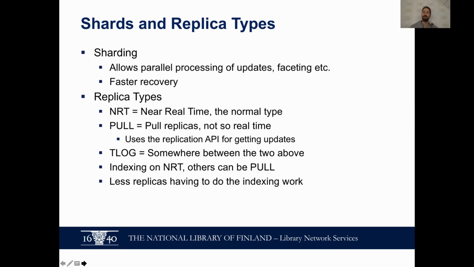That's beneficial because you can push updates to all those different parts simultaneously. You can do faceting from all those parts, especially with docValues. You can request the facet values from each shard simultaneously and then combine the results. Well, Solr does that, you don't have to do it.